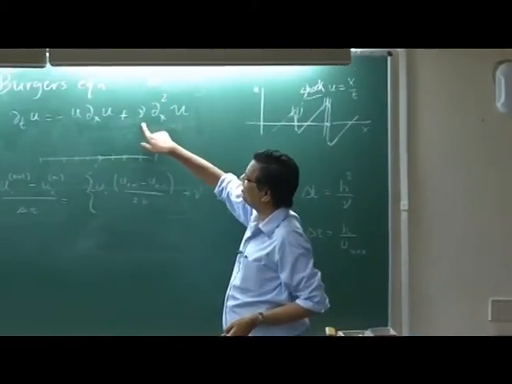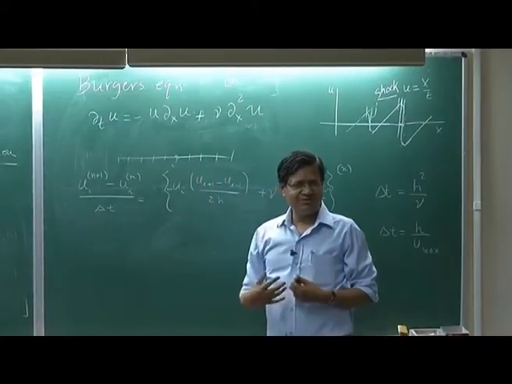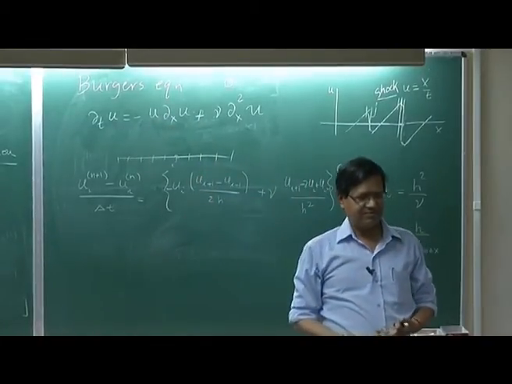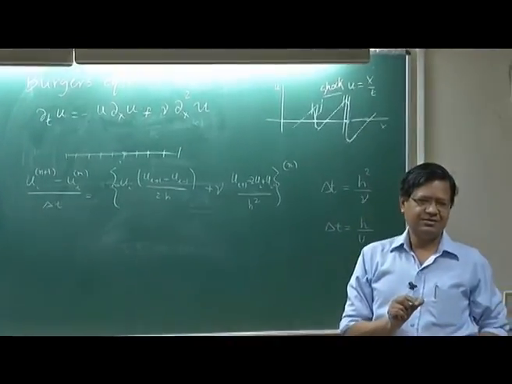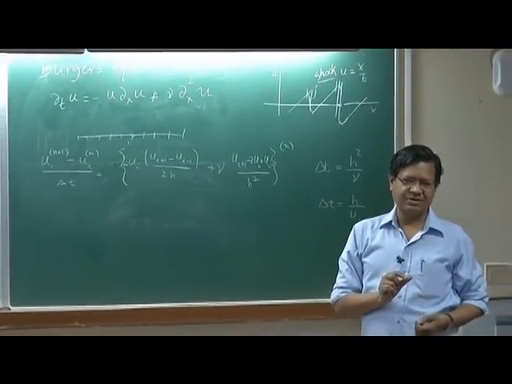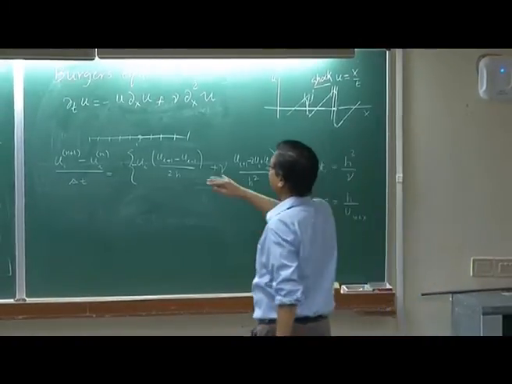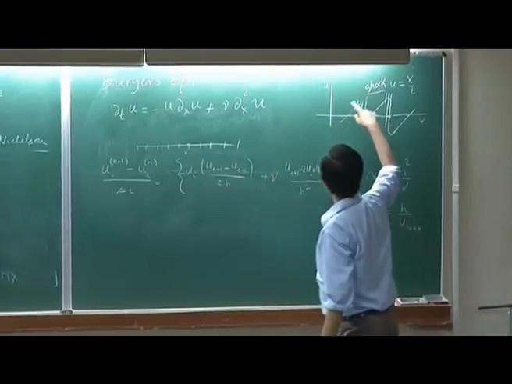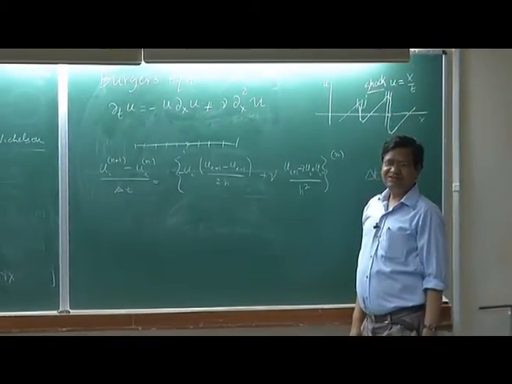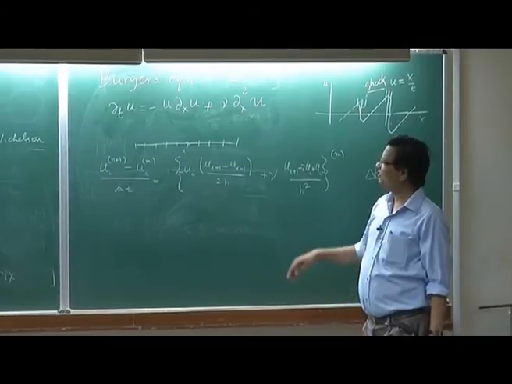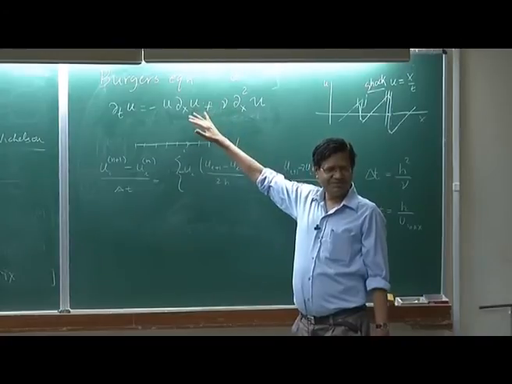Using nu and the maximum velocity, you can compute a dimension of length, and your h should be smaller than that. If you do it right, then you can solve this equation and you will get some solution like this. Is that clear? All 1D equations, the KPZ equation, Burgers' equation, you can solve by the finite difference scheme. This is the way to do it.